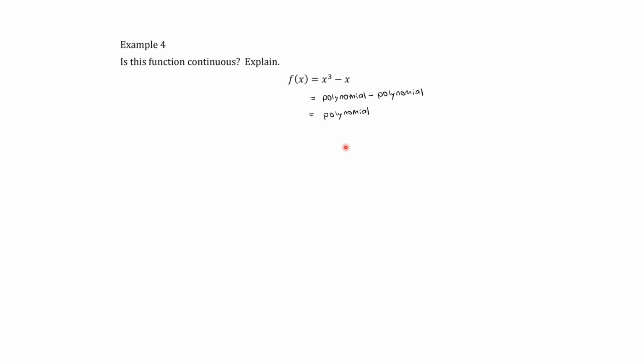I'm just going to end up with a polynomial itself. And we just saw that polynomials are continuous everywhere, right? It was one of the types of functions that's continuous everywhere. And so, yes, it is. Because this function is a polynomial.